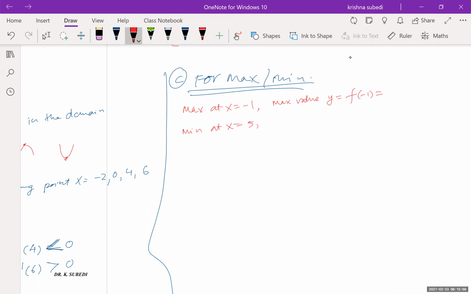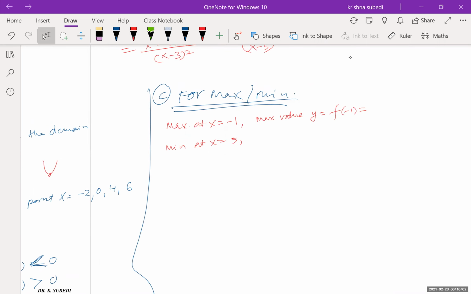So let us plug in this value in the original function, which is -1 squared minus 2 times -1 plus 1 divided by -1 minus 3. If you simplify, you're going to get, I believe, 0.